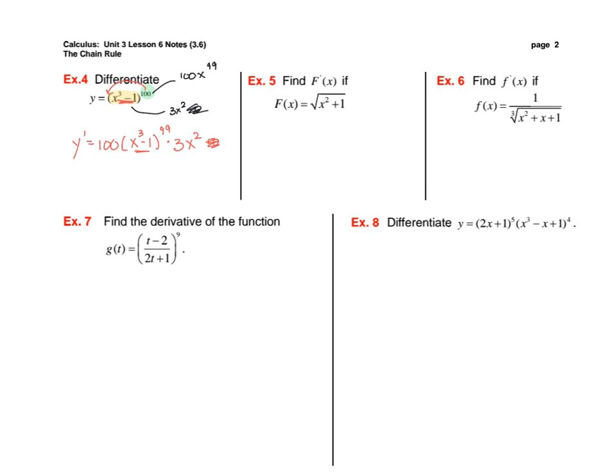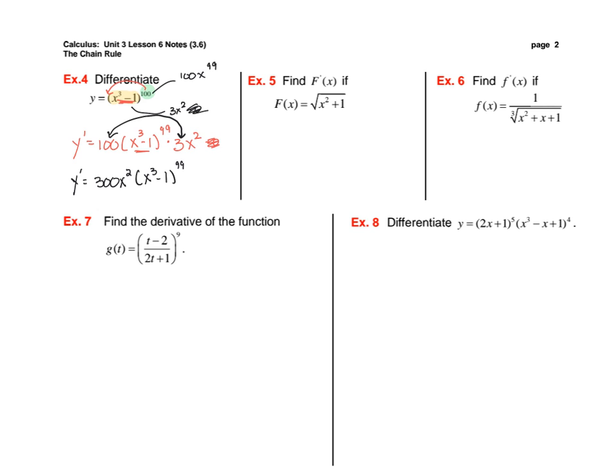Remember, we throw that out. In this case, we would probably combine my 100 and my 3. And we would say that the derivative of this is equal to 300x squared times x cubed minus 1 to the 99th power.